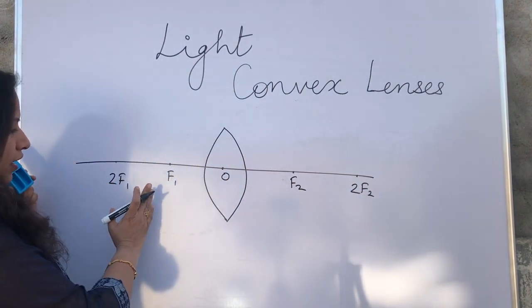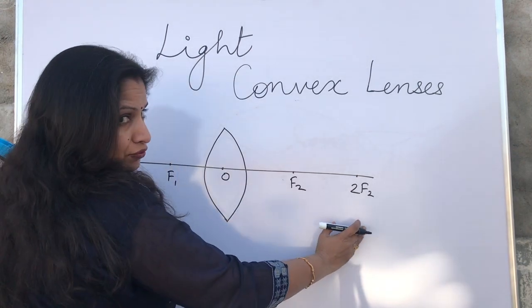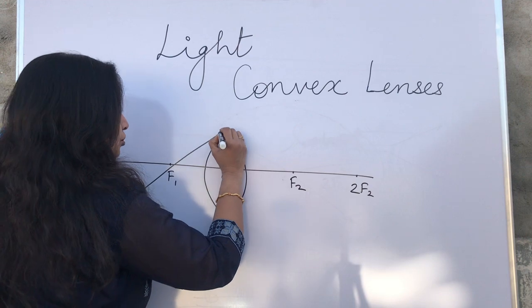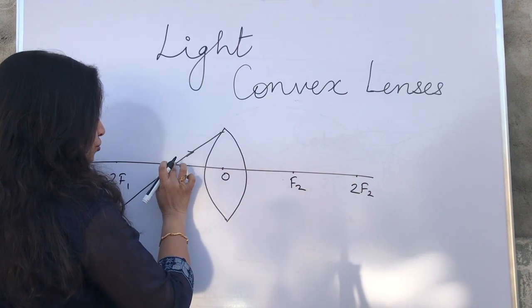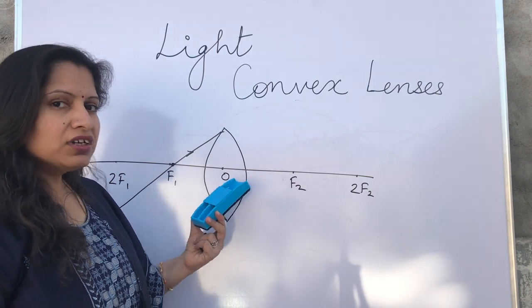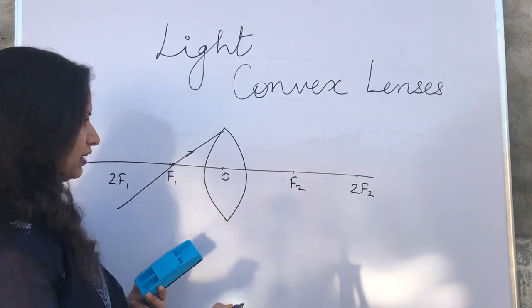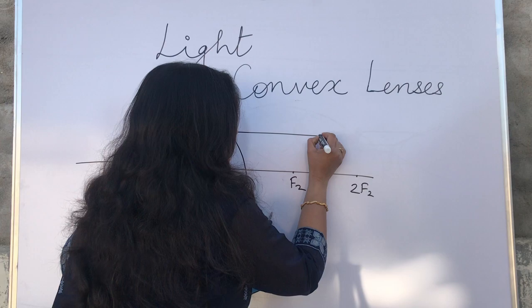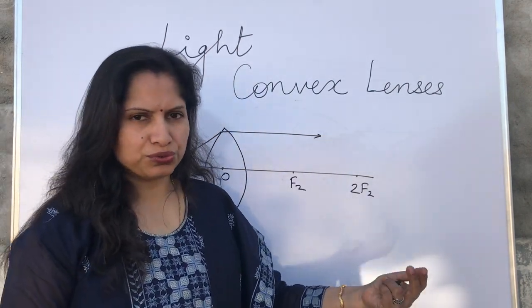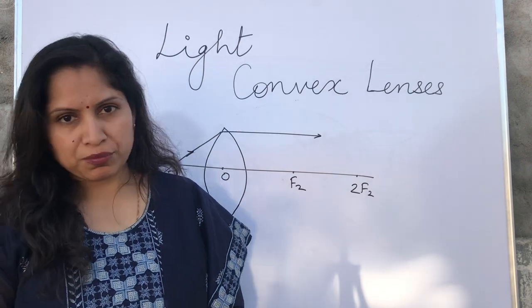F1 and 2f1, f2 and 2f2. The second rule says that any ray of light that is passing through the focus point and coming to the lens, after getting refracted from the lens, will go parallel to the principal axis. It's just the opposite of the first rule, so it's very easy to memorize.